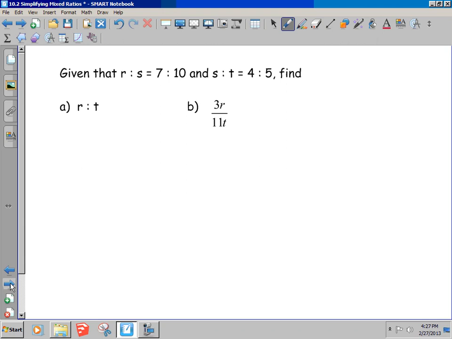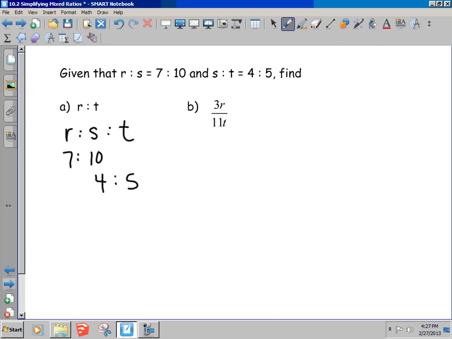Okay, so hopefully you paused, and here's the thought process. I know that I'm talking about a ratio with R, S, and T units. The first part of the problem, I learned that the ratio of R to S is 7 to 10. And in the second part, the relationship between S and T is 4 to 5.